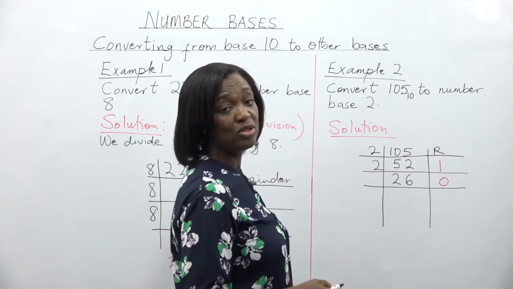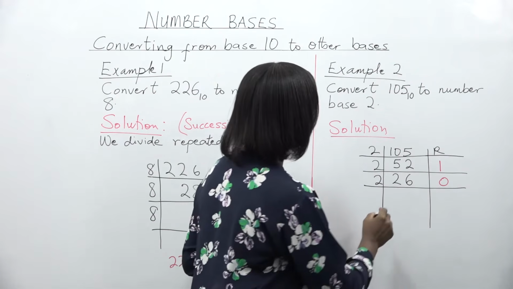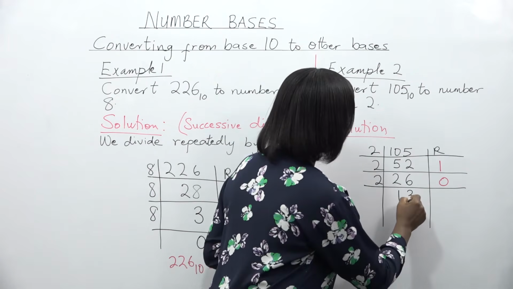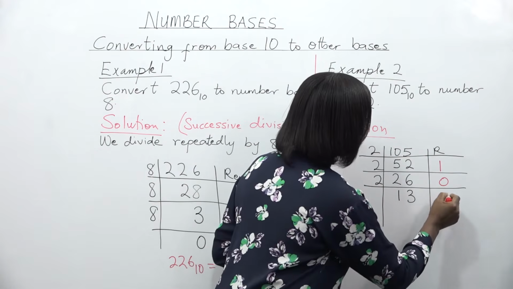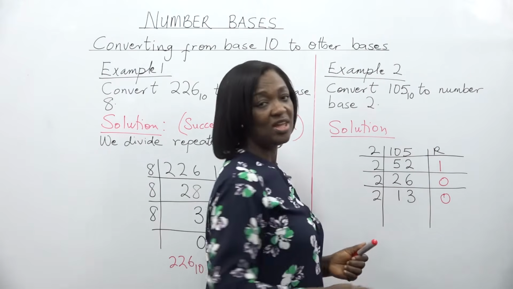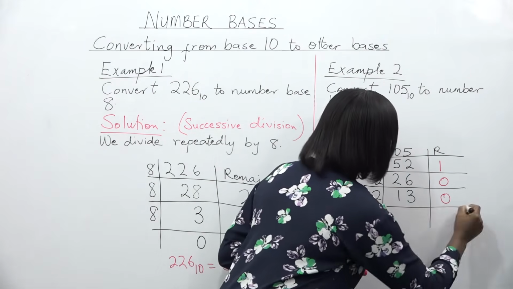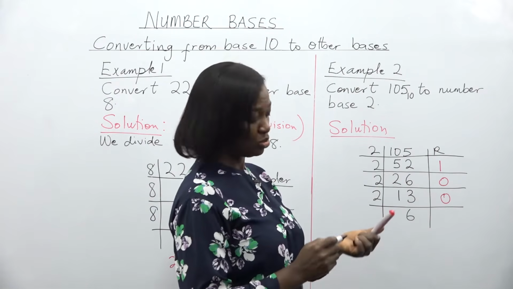Next, we'll just divide with 2 until nothing is left. 2 into 26 is 13. And the remainder again is 0. 2 into 13 is 6. 6 times 2 is 12.